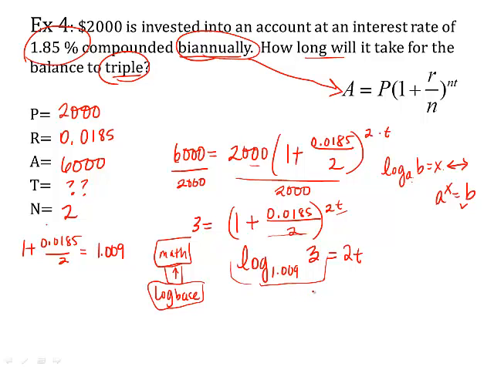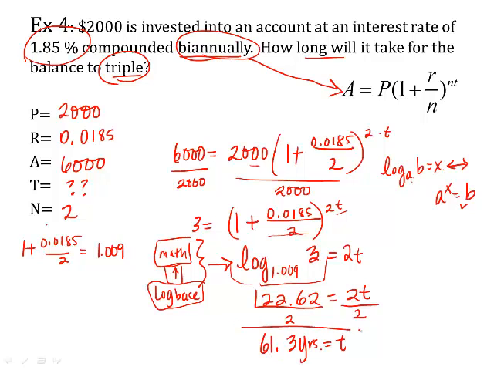And when I do all this, I get 122 point, I'm just going to do 62 for now, equals 2t. So I need to divide by 2. So t turns out to be 61.3 years. Okay? 61.3 years is how long it would take to triple the balance in my account.